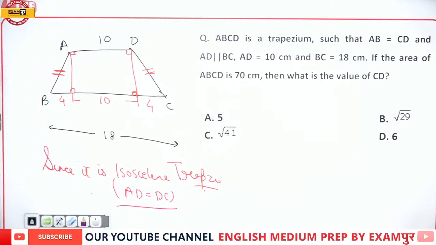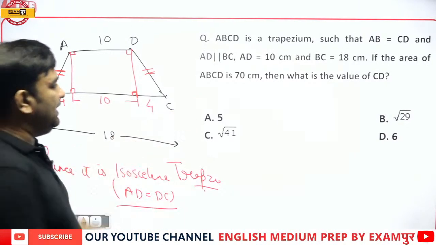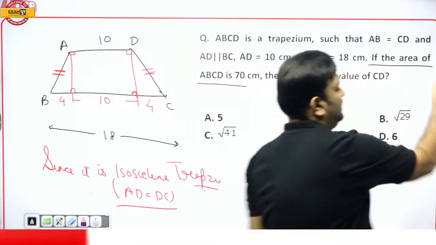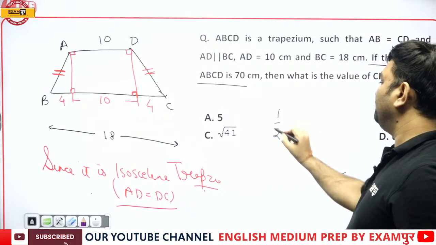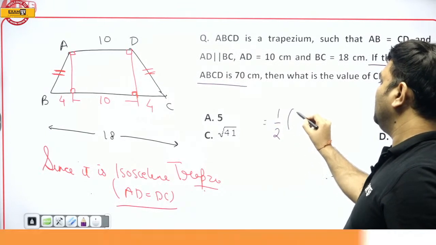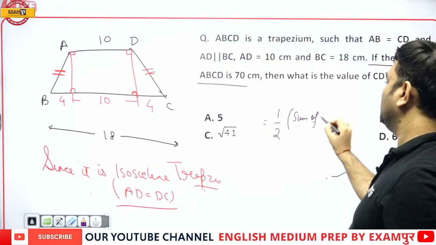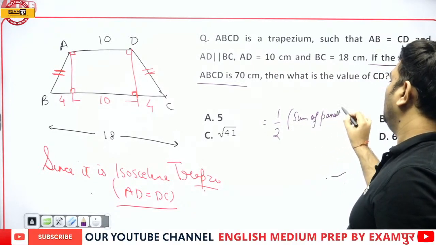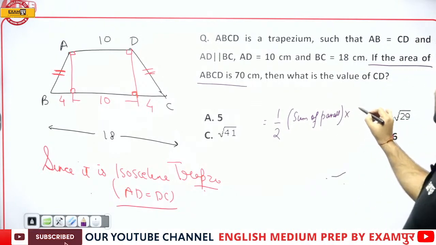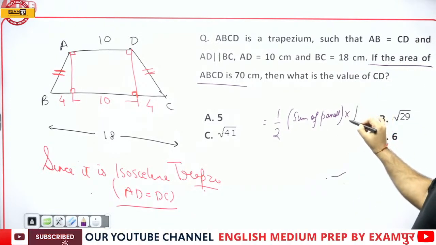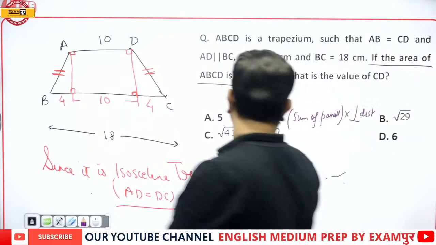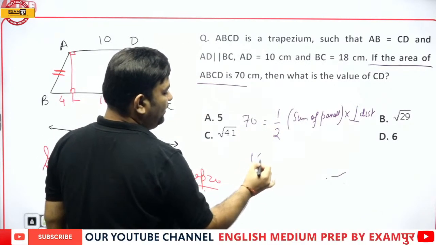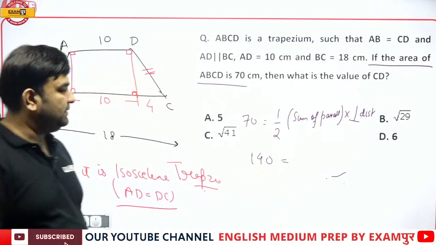Now, they are asking the length of CD. Area is given for our help. Area is half into sum of parallel sides into the perpendicular distance, which is given as 70. 140 is equal to sum of parallel sides times height.